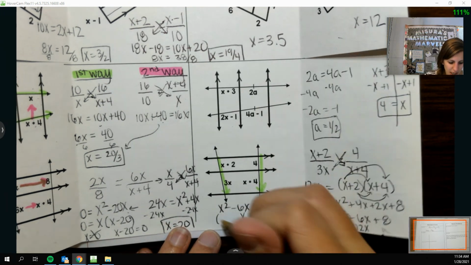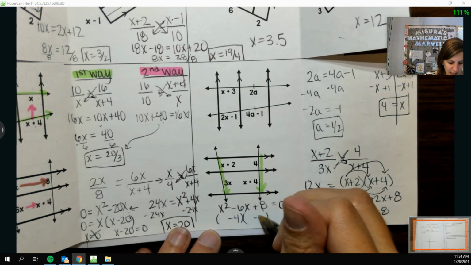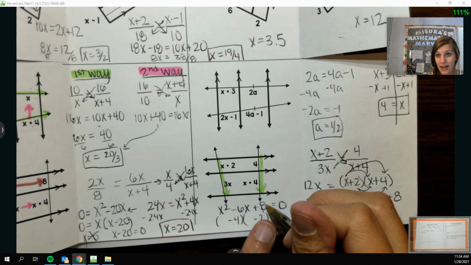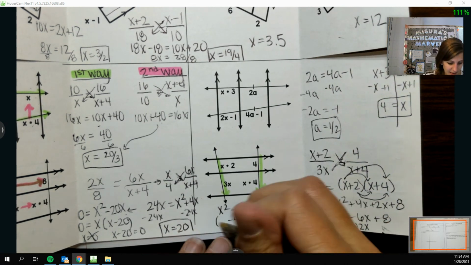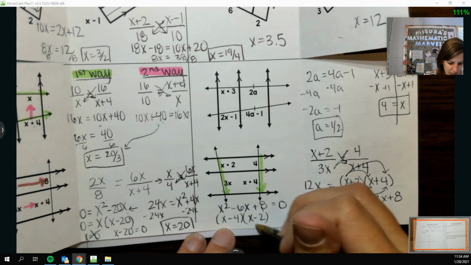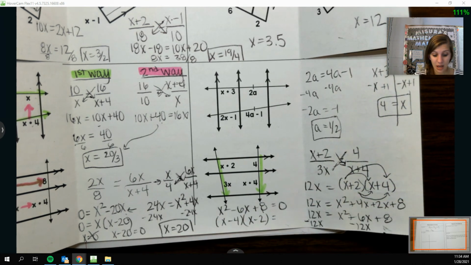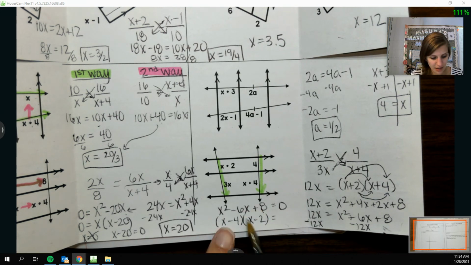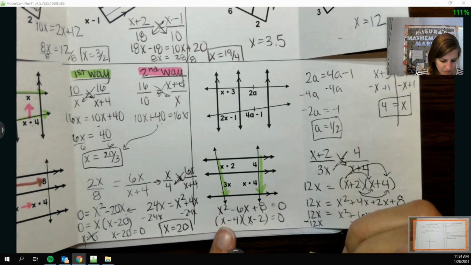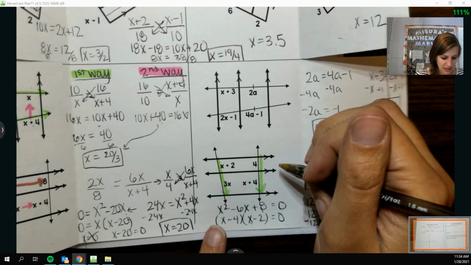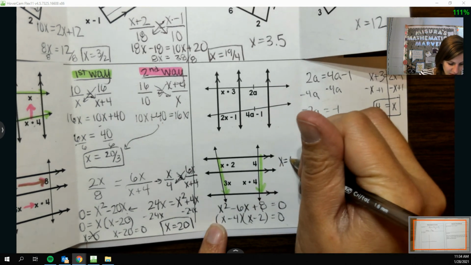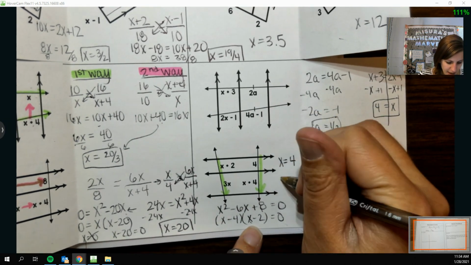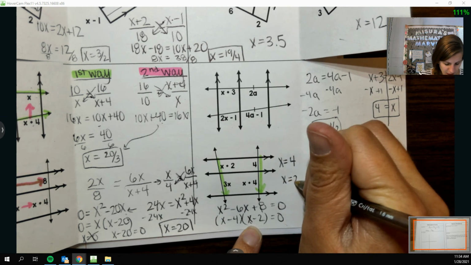And so I'm pretty sure negative 4 and negative 2 will multiply to a positive 8 and add to a negative 6. And so we wrote it like this. Like we foiled it out up here, but then we unfoiled it or factored it back over here. And setting each of those equal to 0 will get me that x is 4 and also x is 2.